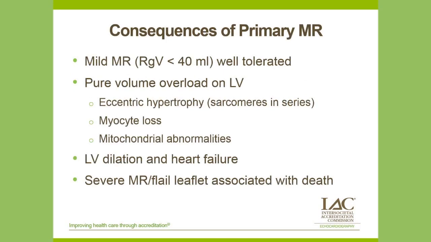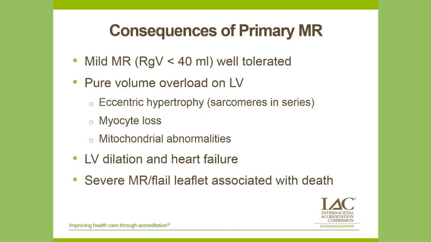And the consequences of primary MR are listed here. So you can have mild primary MR with a regurgitant volume, even moderate, with a regurgitant volume less than 40, and you can tolerate that for years and years and years, and nothing ever happens. But it does impose a volume overload on the left ventricle, which causes eccentric hypertrophy, where sarcomeres are laid down in series.